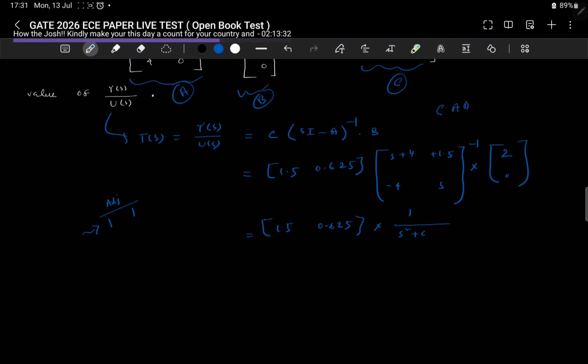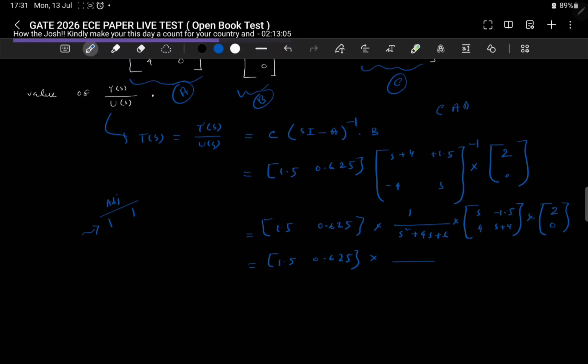This is the determinant part, and the adjoint part is plus 4, and then if we multiply it with this, it will be 1.5, 0.625.